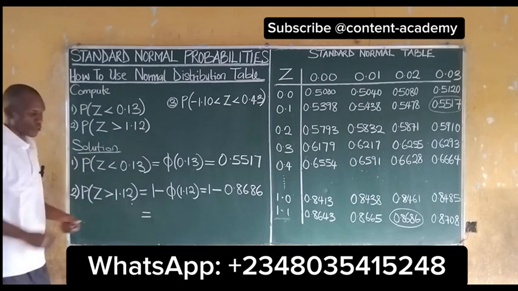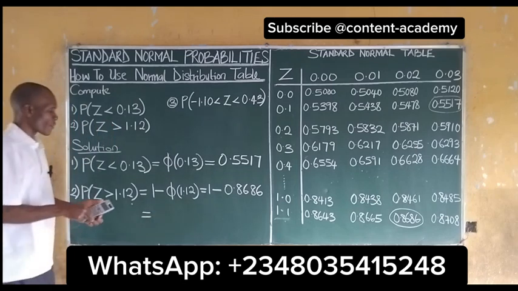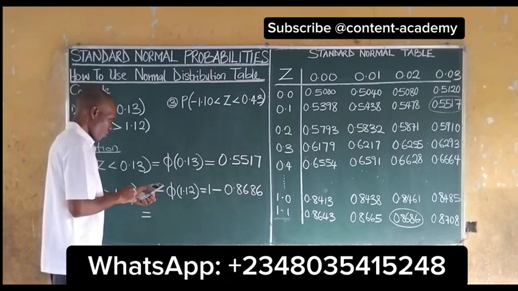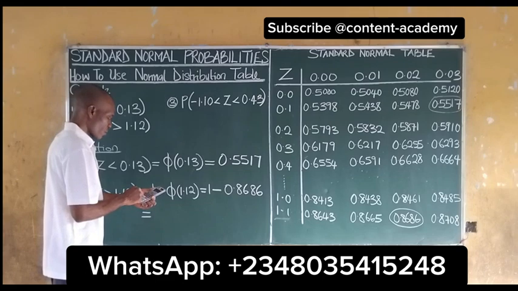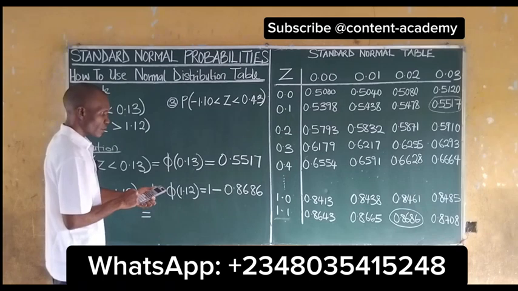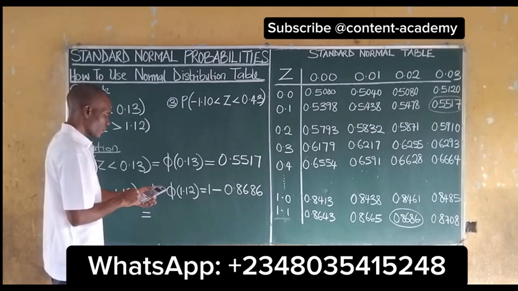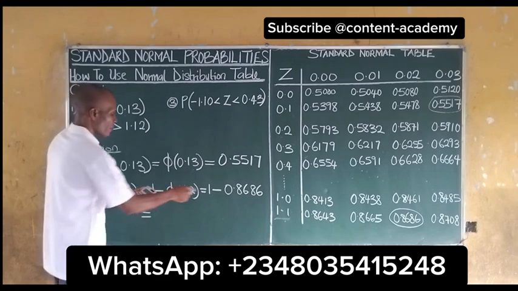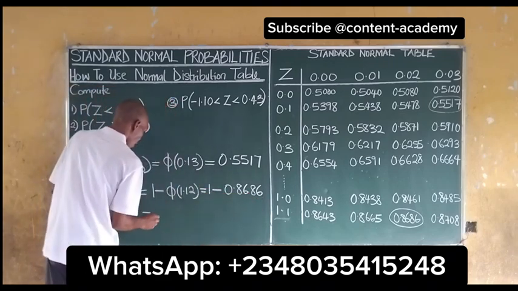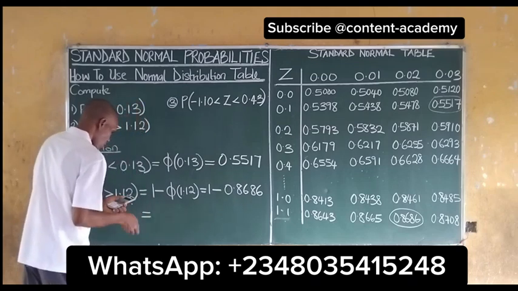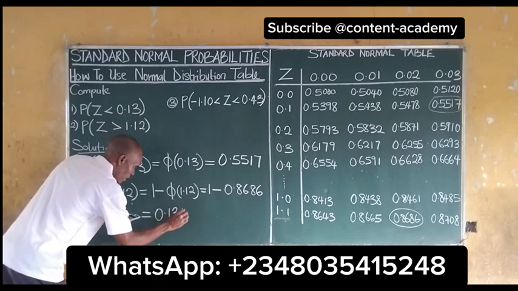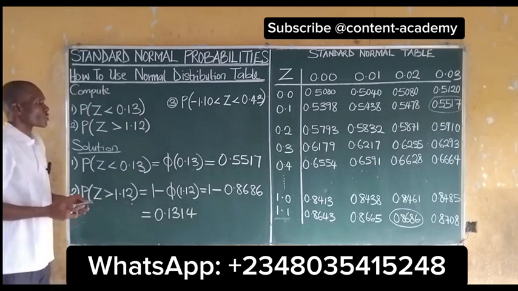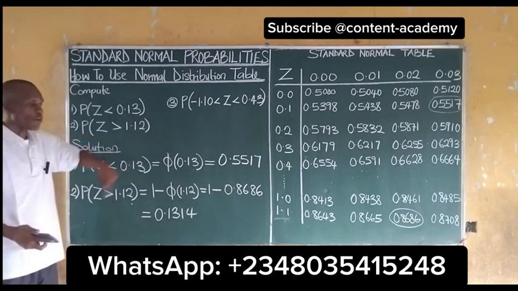Our answer for this question will now be 1 minus 0.8686. So we have this to be equal to 0.1314. So this is how all of these values can be computed.